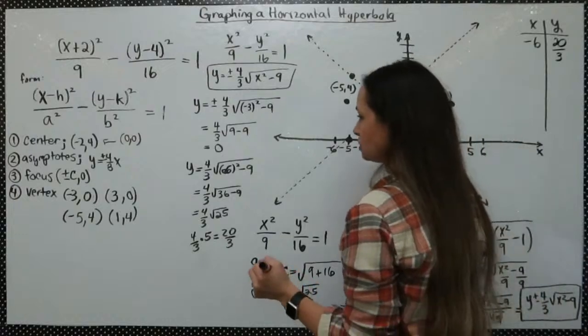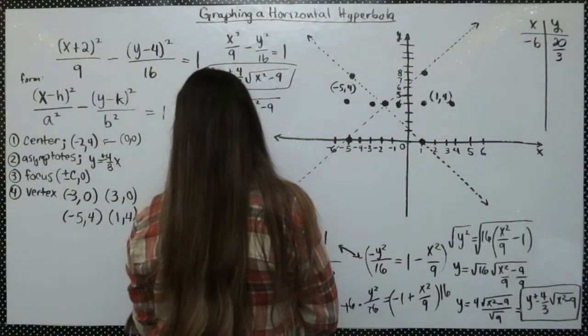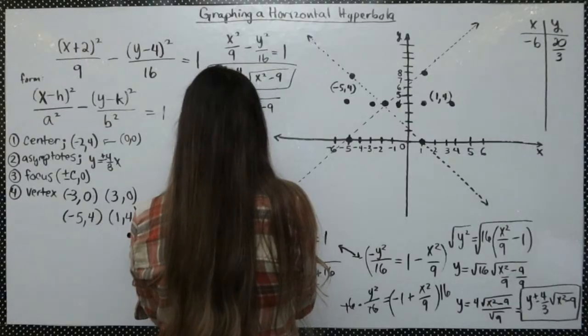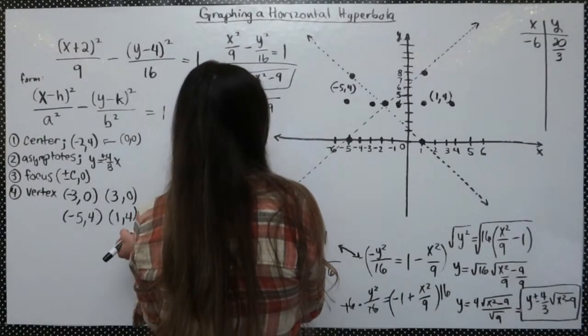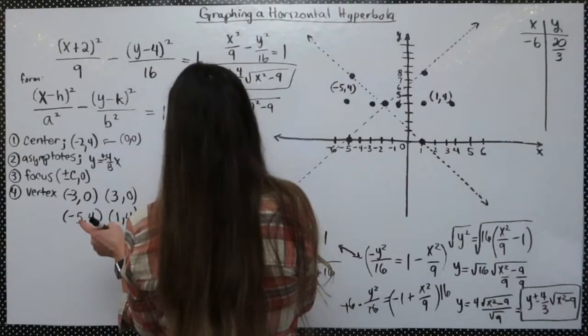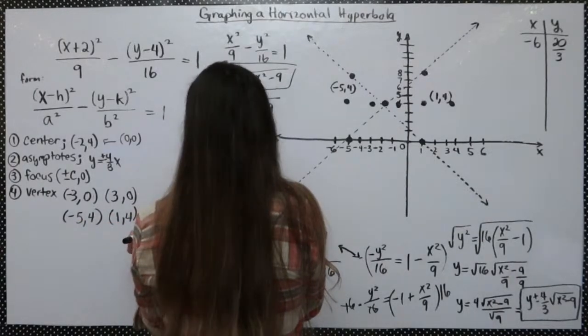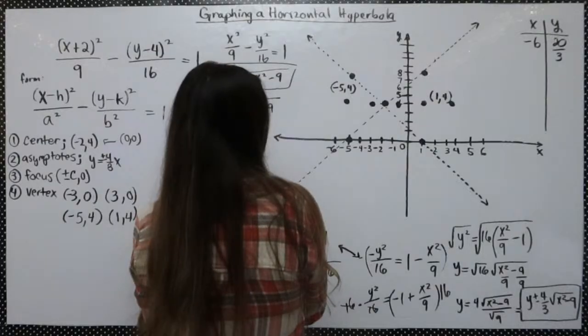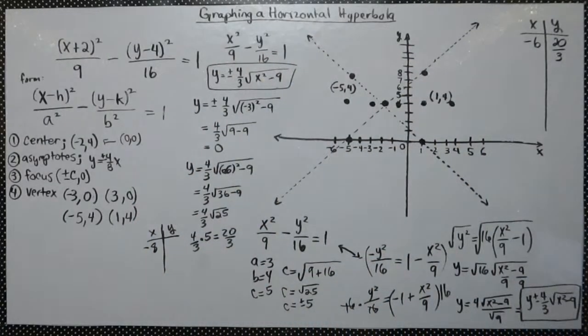However, we have to shift the graph. We've got to shift the graph. So -2 units. So that's going to give me -8. And 4 units up. What is 20 divided by 3?